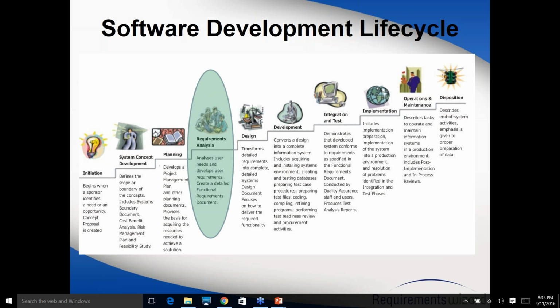Because software is all knowledge based, right? There is no machine supporting you. People are writing the code. It all depends on how good people are. The better the people, the better the quality of the code. There is nothing else in IT.